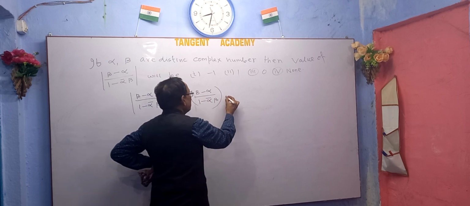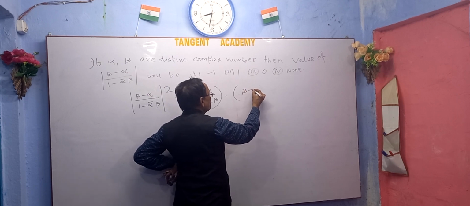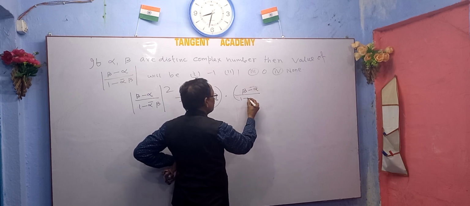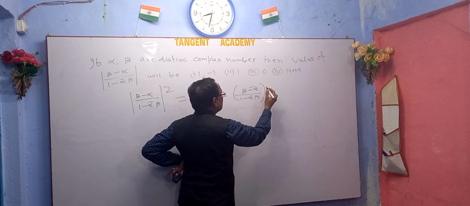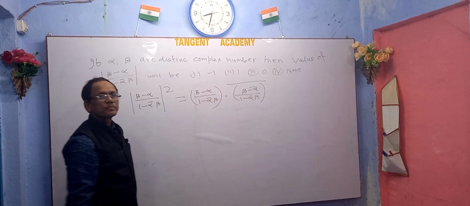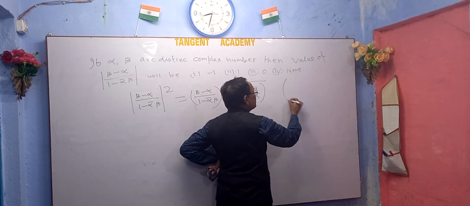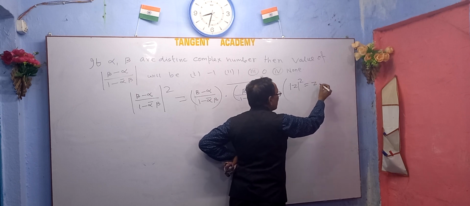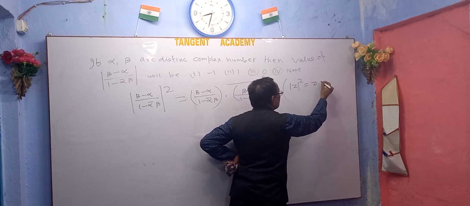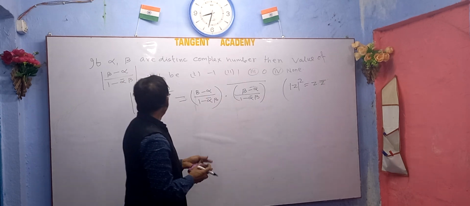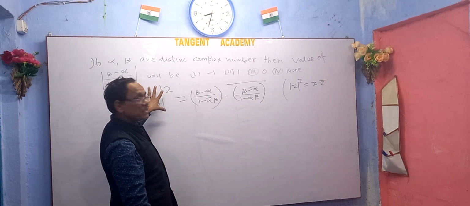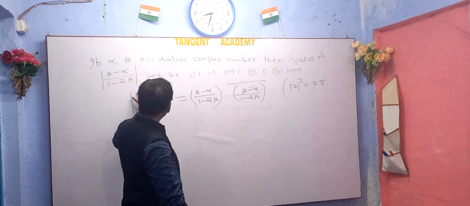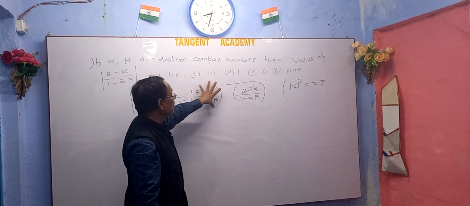Keeping in mind this property, modulus of z squared is equal to z into z bar. So I have written, let us treat it as a complex number z, then modulus of z squared may be written as z into z bar.